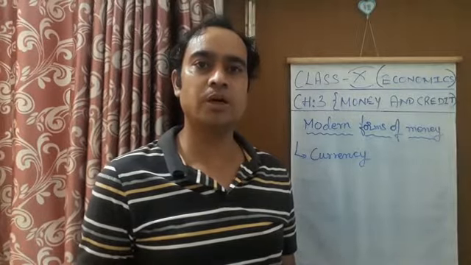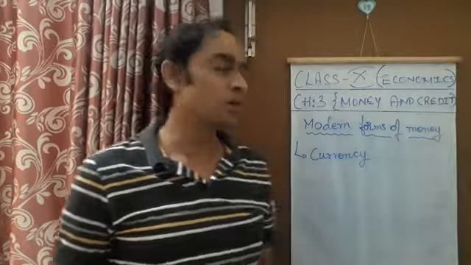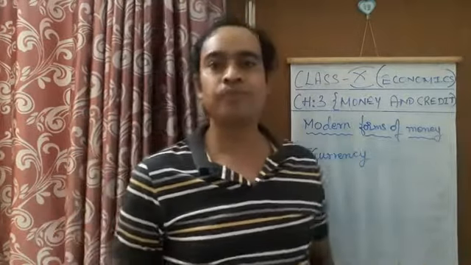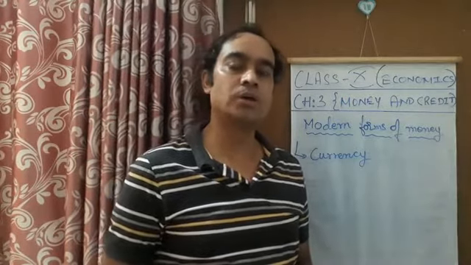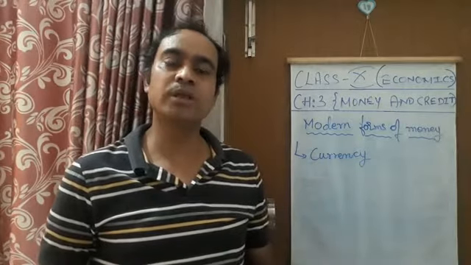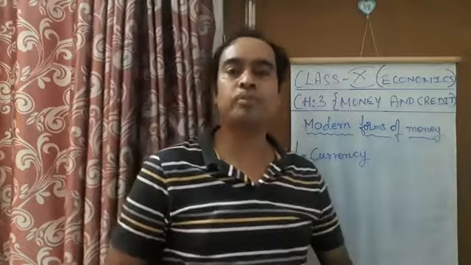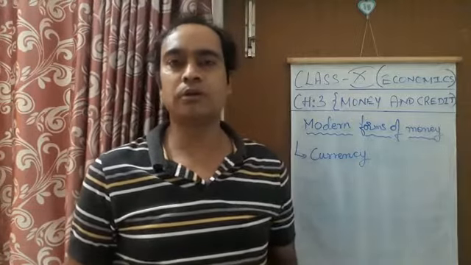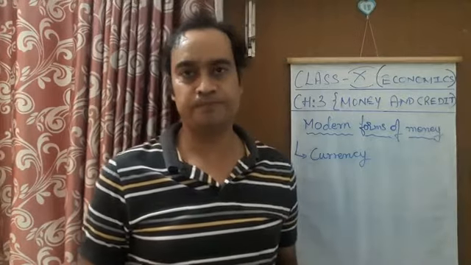So if you see about the modern forms of money, then in this heading you will see that today's money is very different from the past form of money. You may know that when money was introduced, all the problems of the medium of exchange were solved.